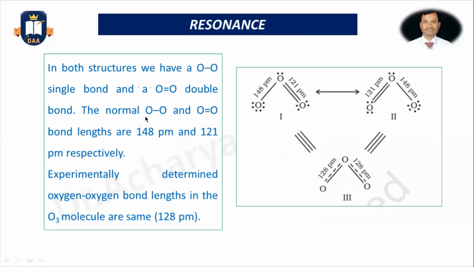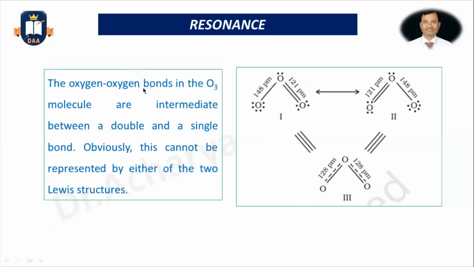The normal oxygen-oxygen single bond and double bond lengths are 148 picometer and 121 picometer respectively. But experimentally, we find that the bond length is the same for both, 128 picometer.